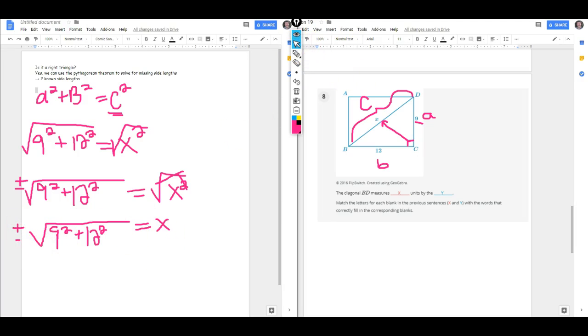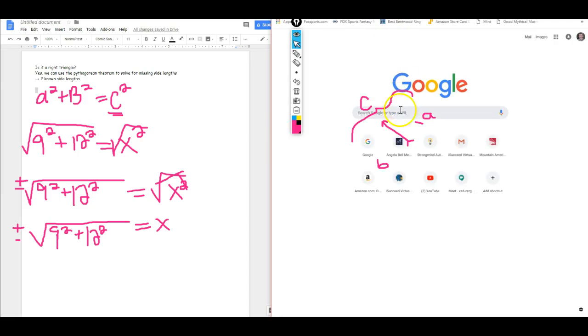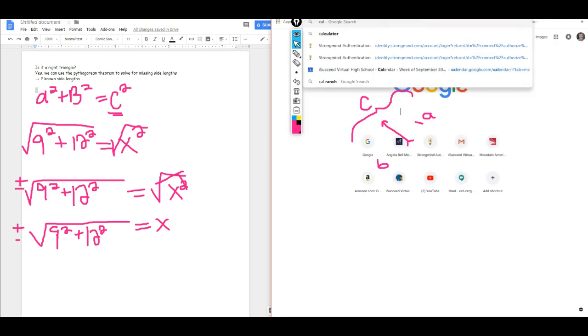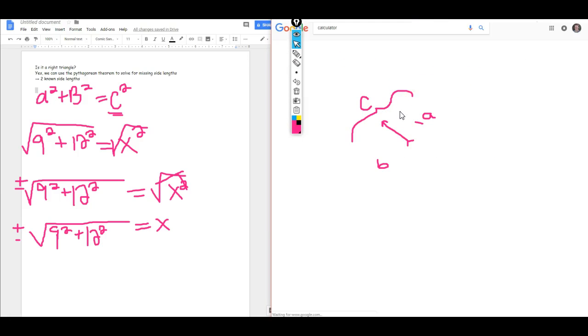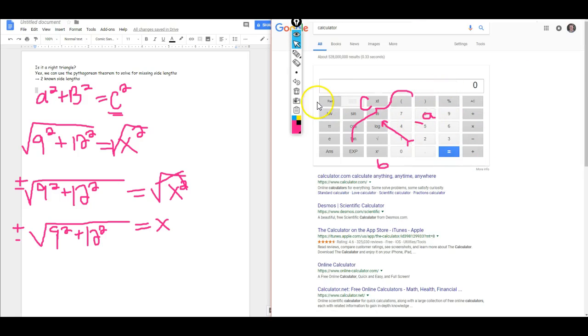So then I'm going to use our calculator. I'm going to type in square root, parentheses, 9 to the power of 2 plus 12 to the power of 2, close parentheses, close parentheses.